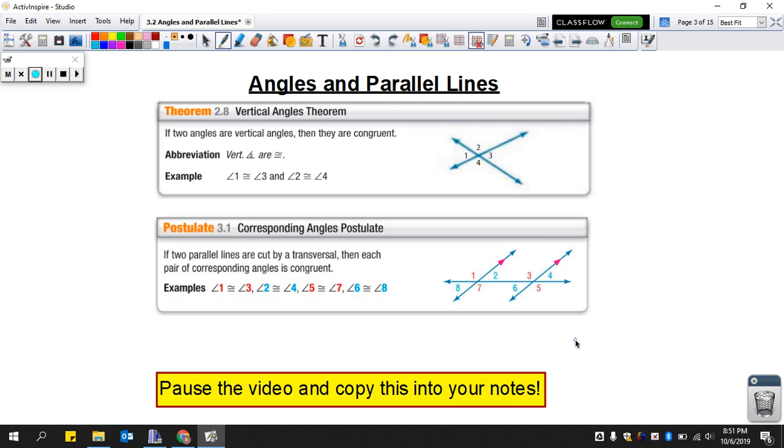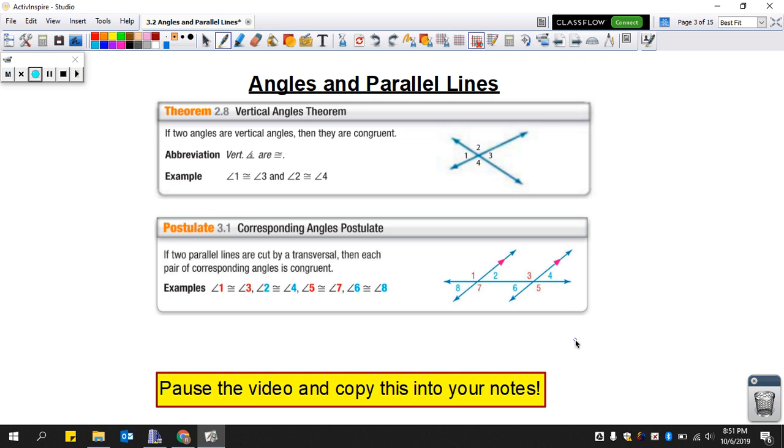There's a postulate also that we're going to be talking about that deals with this lesson, the corresponding angles postulate. Remember the last lesson we talked about parallel lines and their transversals and how the angles correspond with the transversal and with the lines and how they interact with each other.